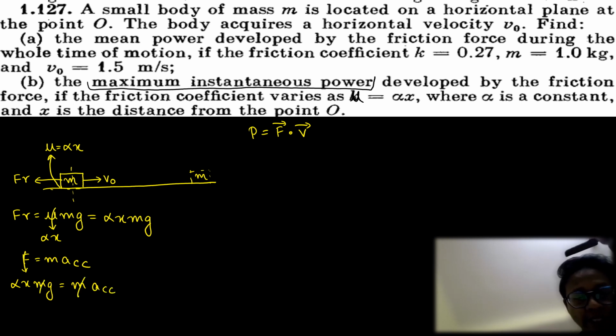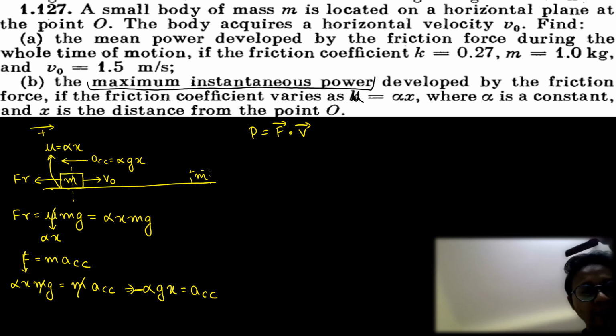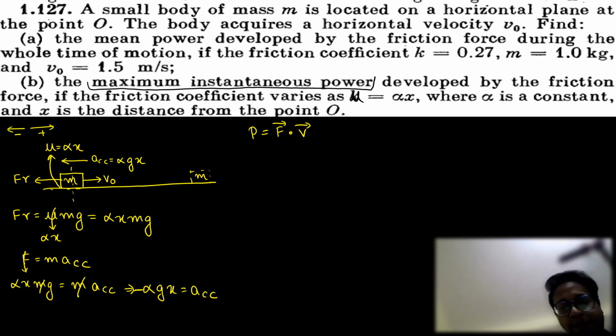The m and m get cancelled, so alpha gx is equal to acceleration. Out here the acceleration is acting in the opposite direction to velocity, which is equal to alpha gx. So if the acceleration is acting opposite to the direction of velocity, you can mention that this is deceleration, given by negative.